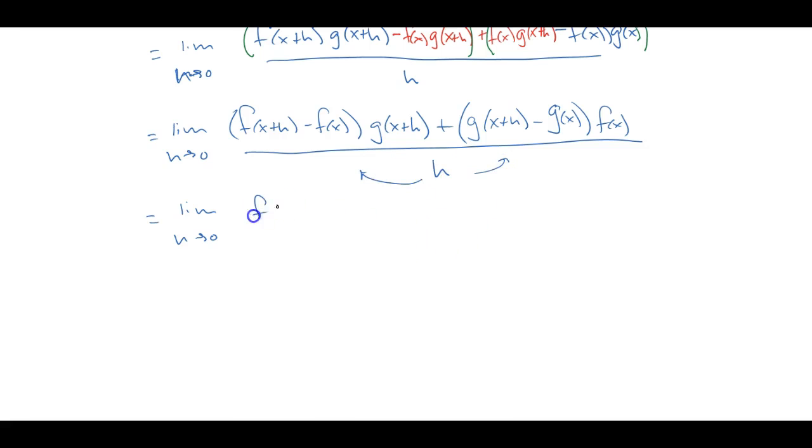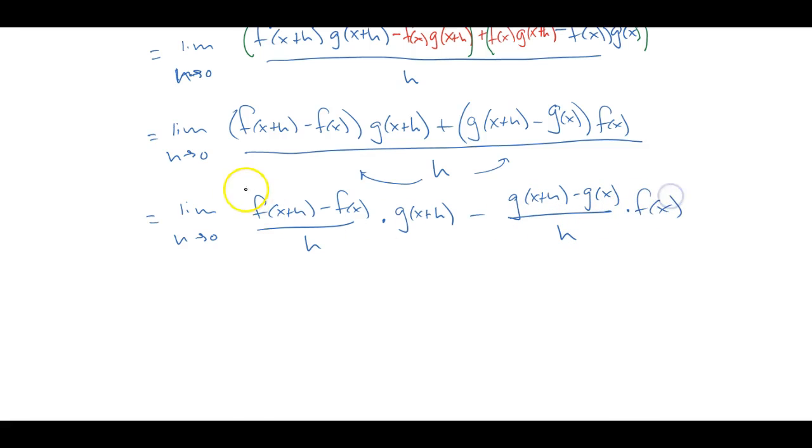So if I say f of x plus h minus f of x divided by h times g of x plus h, we should all be okay with that, plus g of x plus h minus g of x divided by h times f of x. And we're still taking the limit of the whole group there, so we have the limit as h approaches 0 of all of that.